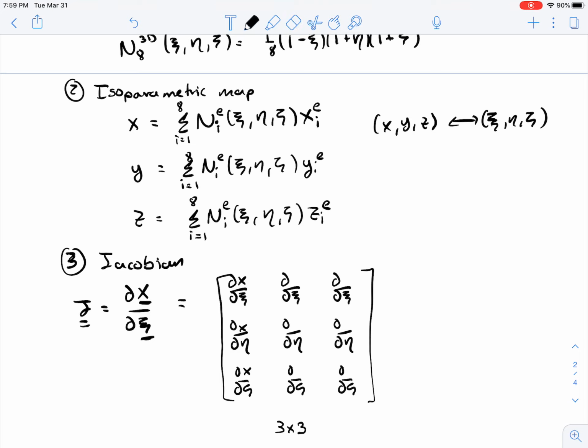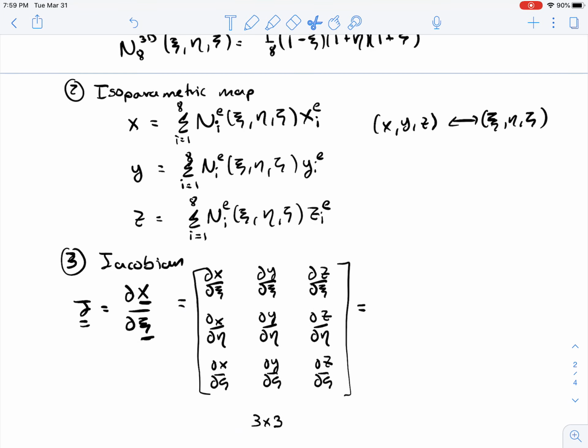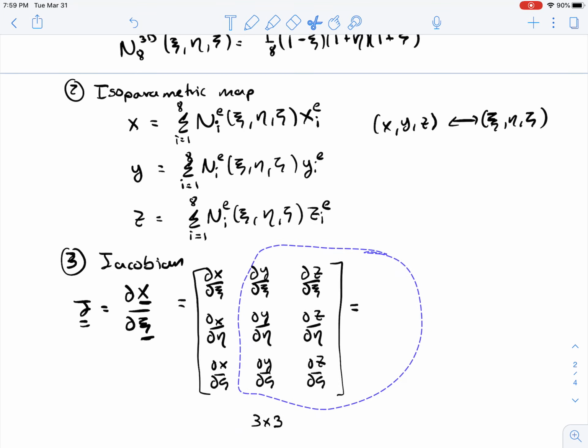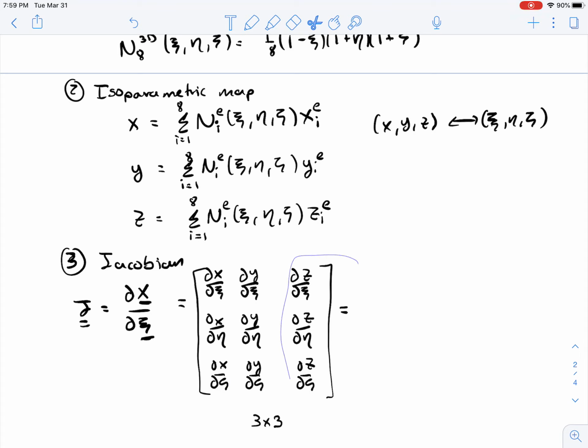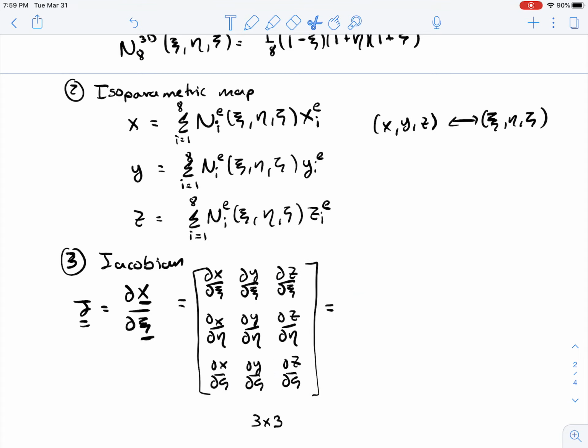but it's going to be y and z. How do we calculate these ones? It's going to be a lot of just repeating, but let me just make this a little bit tighter here. So derivative of x with respect to psi, that's just taking this derivative.